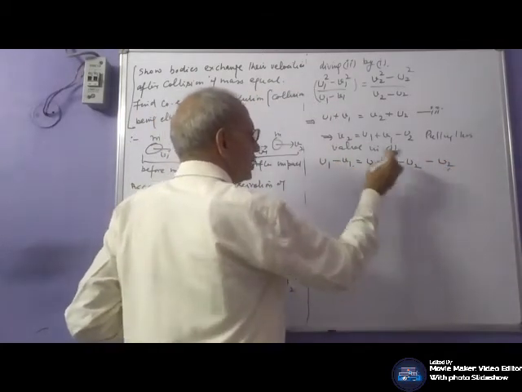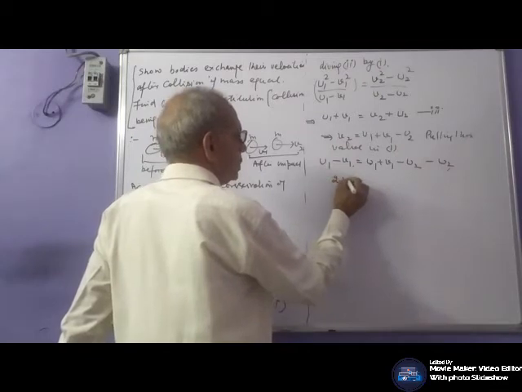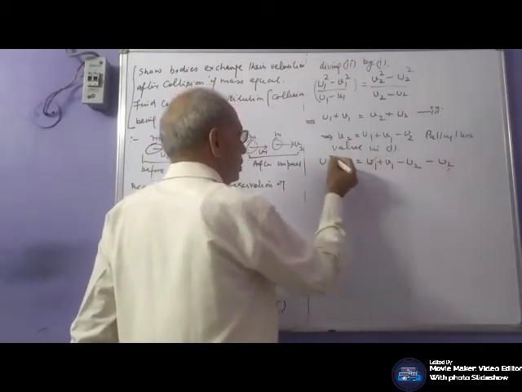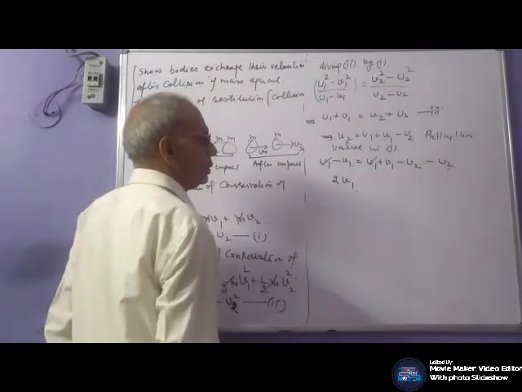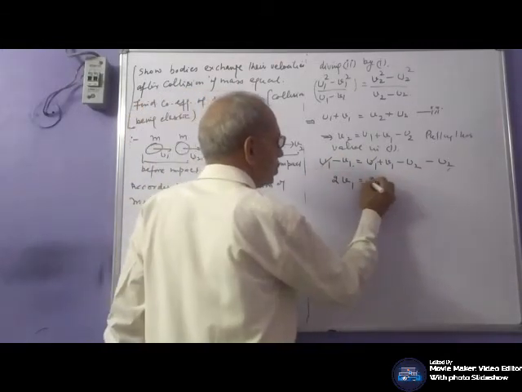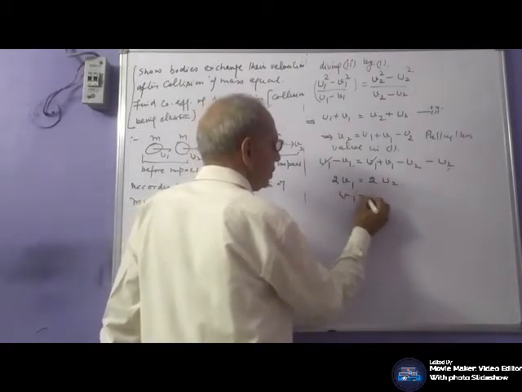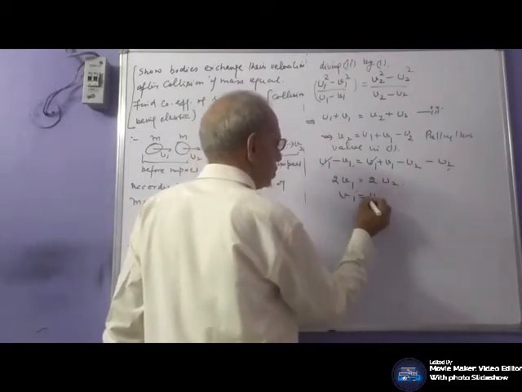Taking V1 to this side, 2 V1 equals 2 U2, or V1 is U2.